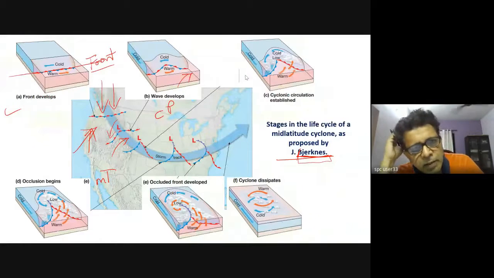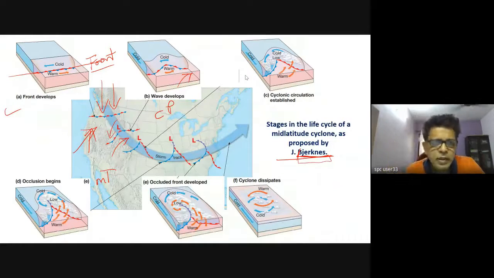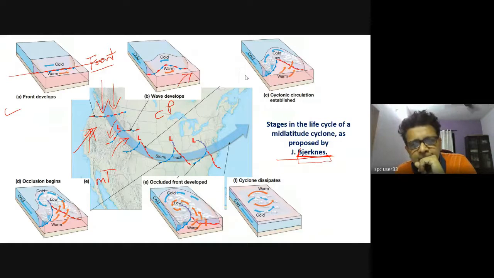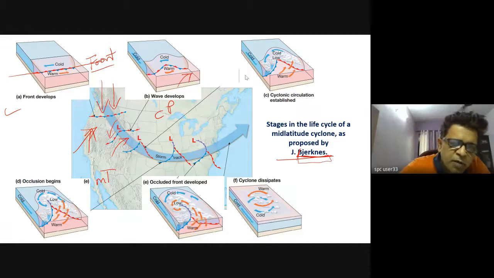Now, because cold air is moving along the surface, it has a significantly faster speed. Warm air would not move that fast because it is being obstructed by the cold air, because it's moving from a warm air region into a cold air region.